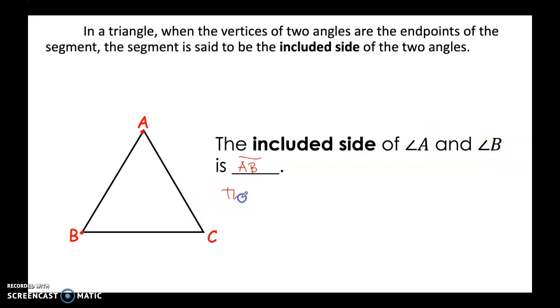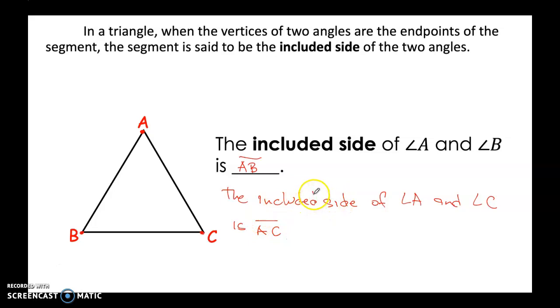Let's try another. The included side of angle A and angle C is, so let's determine first the vertex of angle A. Again, the vertex of angle A is point A, and the vertex of angle C is point C. So the segment formed by the two vertices of the two angles is segment AC.